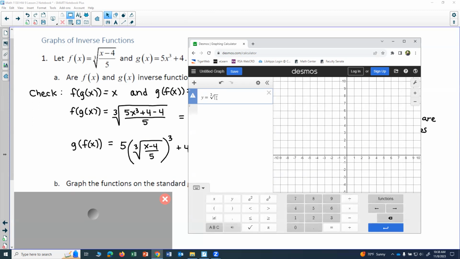And then I will do parentheses x minus 4 divided by 5. And then for my second function, I'll do y equals 5x cubed plus 4. All right, so I've got my two graphs here.